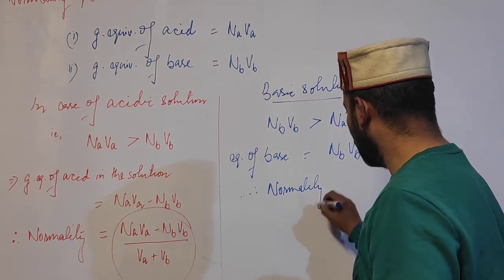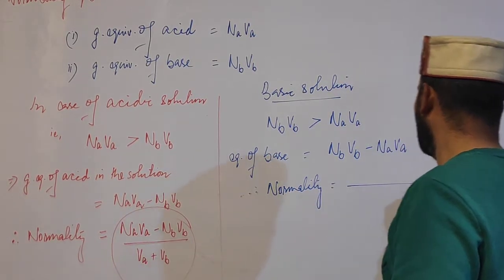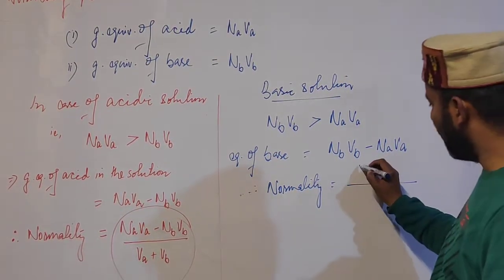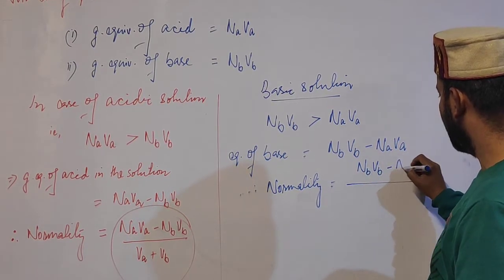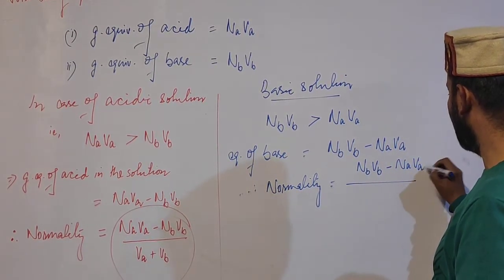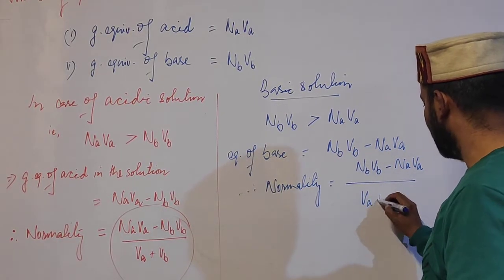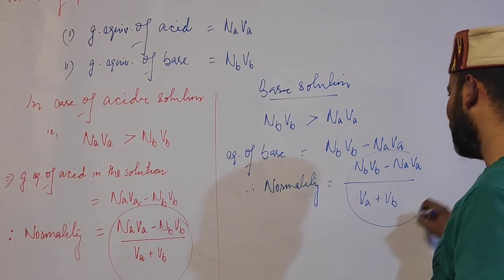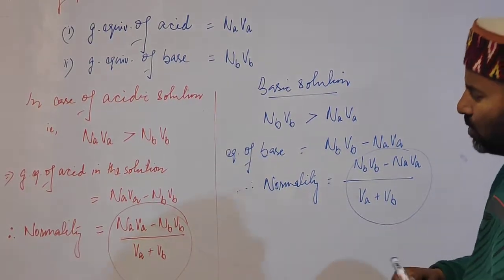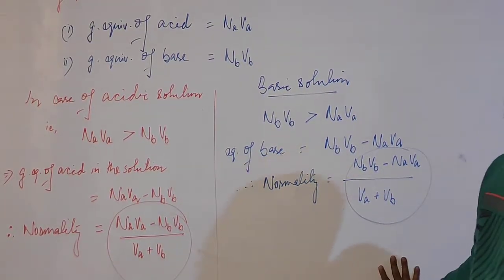Now students, the normality of the solution will be the gram equivalents of the base in the solution divided by the total volume. So this is how we find normality, and again from the normality of the basic solution we can find the molarity.